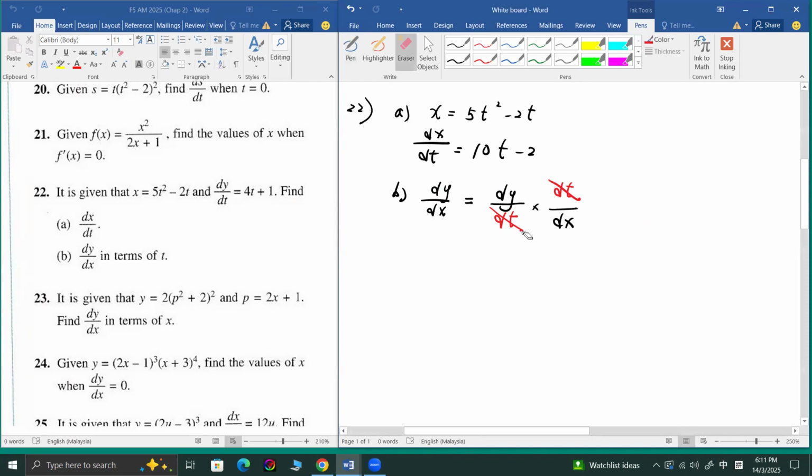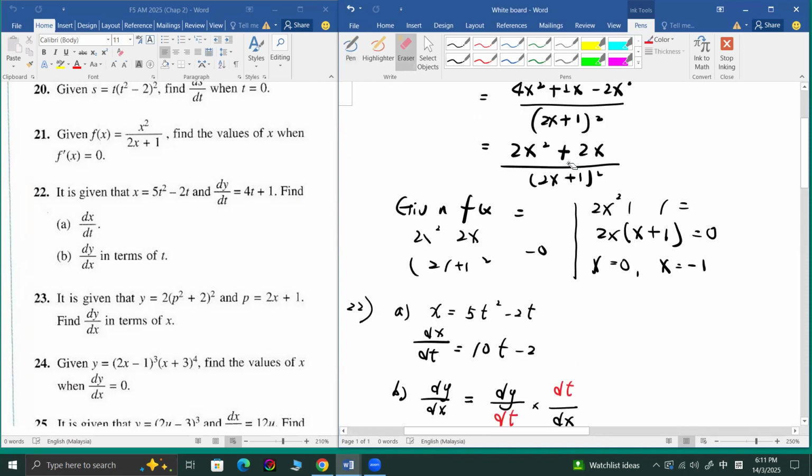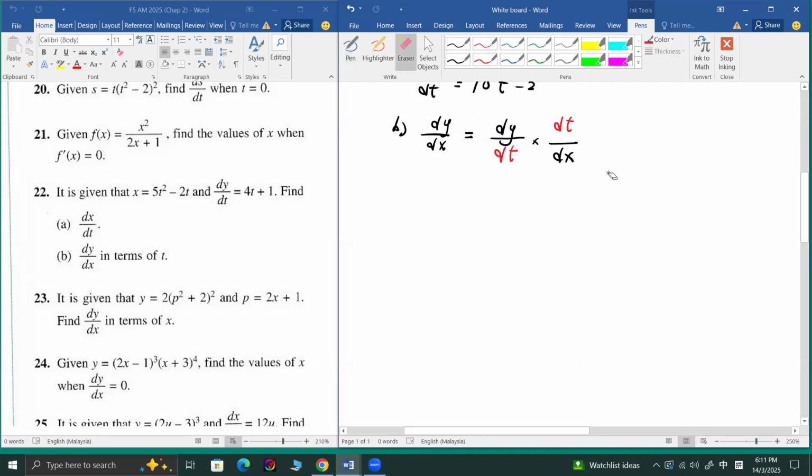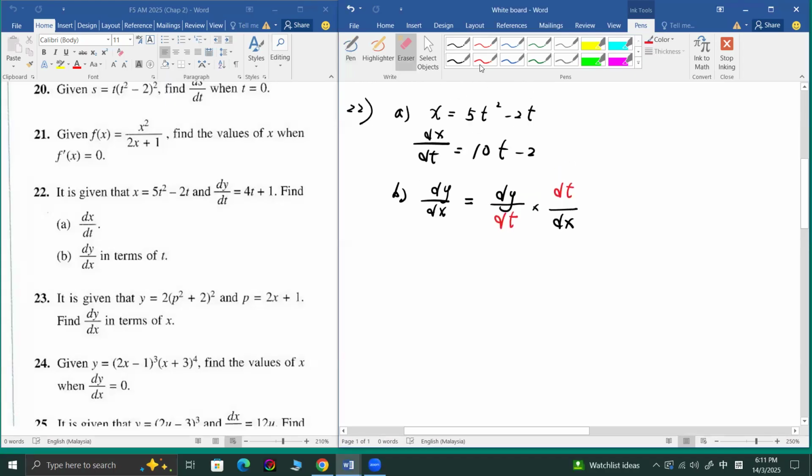So now back to normal. To get dy/dx, I need dy/dt times dt/dx. What is dy/dt? They're given 4t plus 1. What about dt/dx?